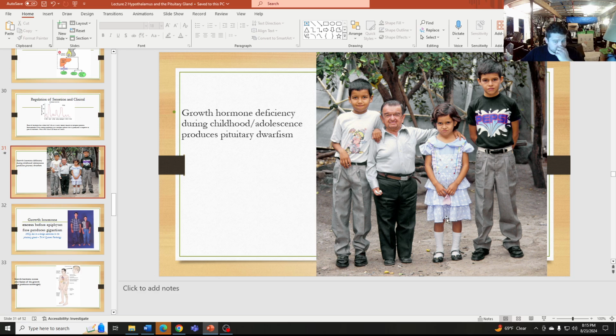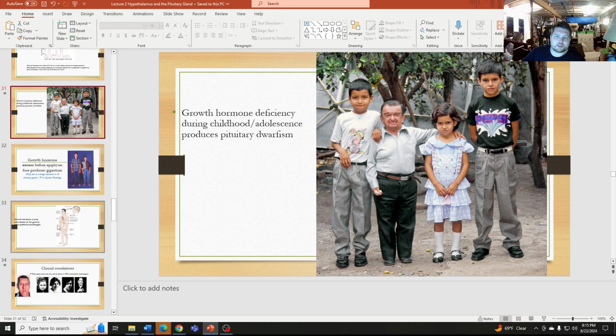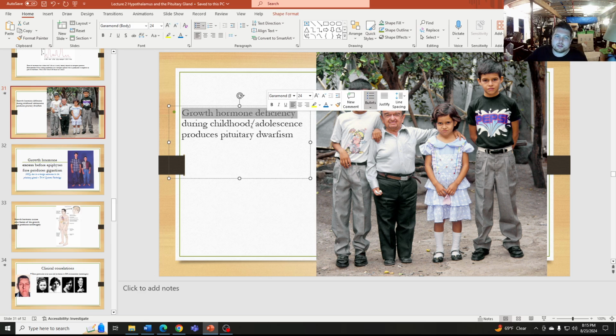Now, talking about growth hormone, either too much or too little. There's a lot of little technicalities with talking about growth hormone and whether there's too much or too little. So if there is not enough growth hormone, especially when your growth plates are open, so before you finish going through puberty, not having enough growth hormone produces pituitary dwarfism.